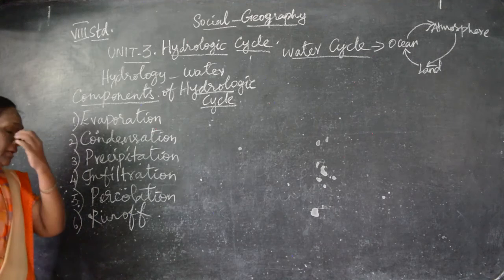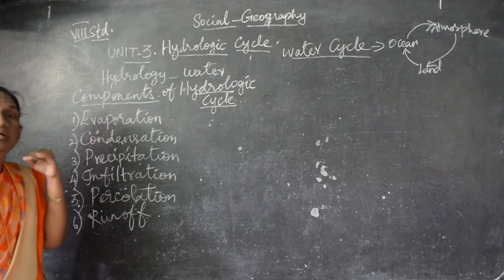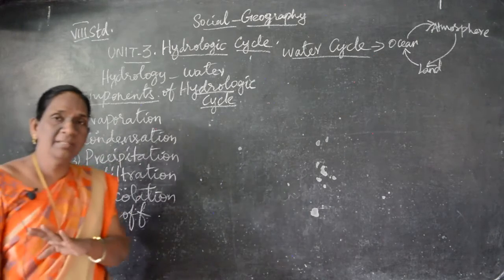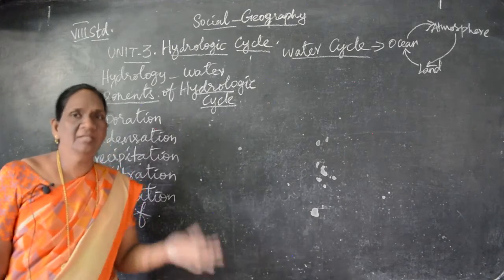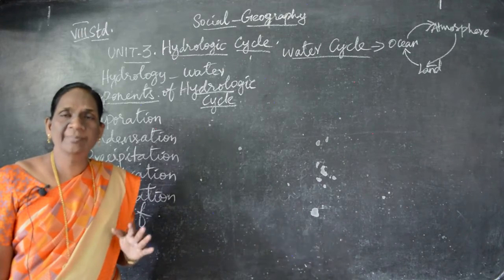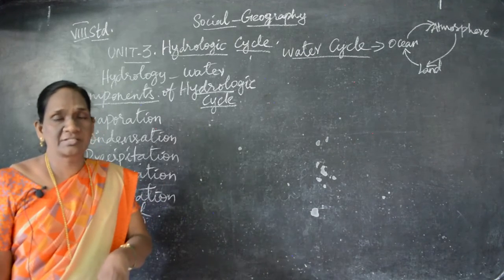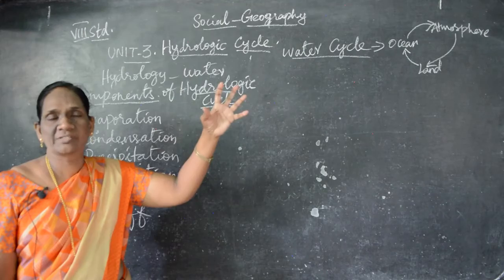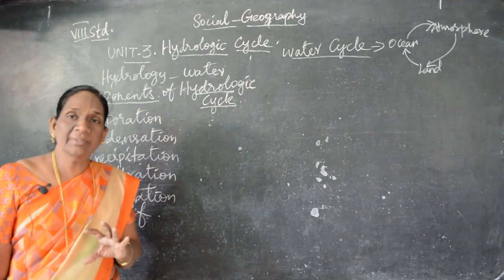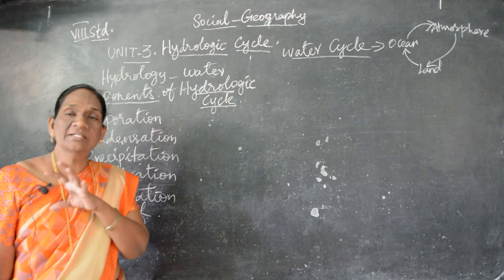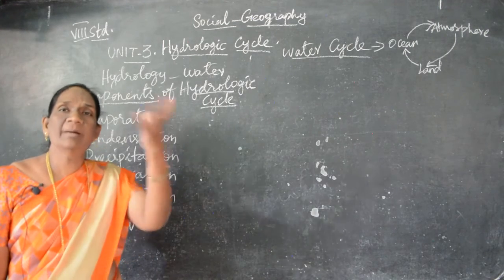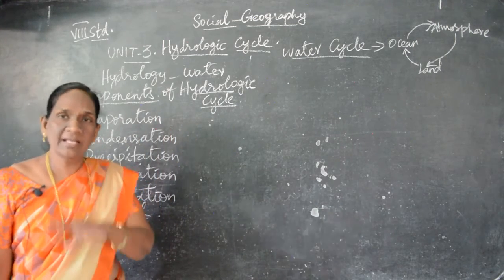Understand? Already I told you about evapotranspiration. That is evaporation plus transpiration is called evapotranspiration. That is the water vapor from the water bodies mingling in the atmosphere, that is called evaporation. What is transpiration, children? The water which is in the trees and the plants evaporates, that is called transpiration.